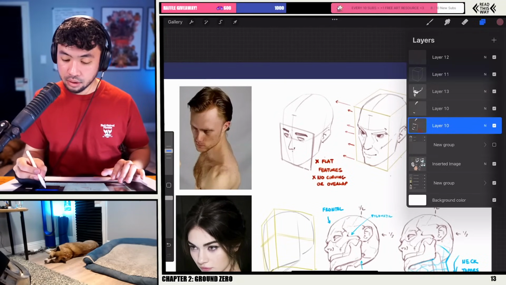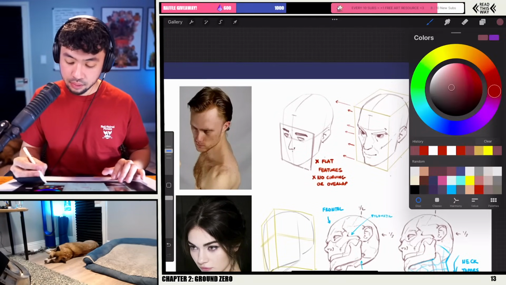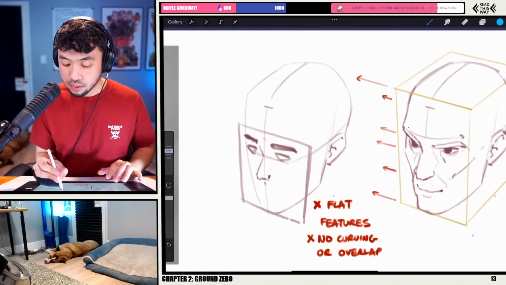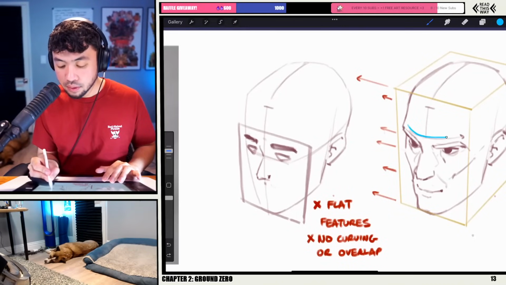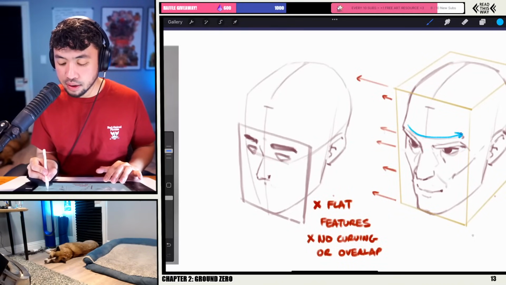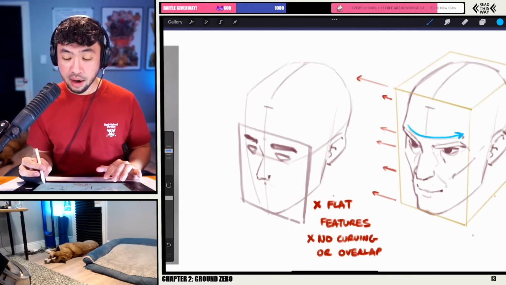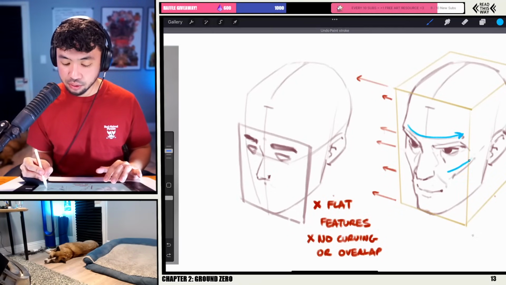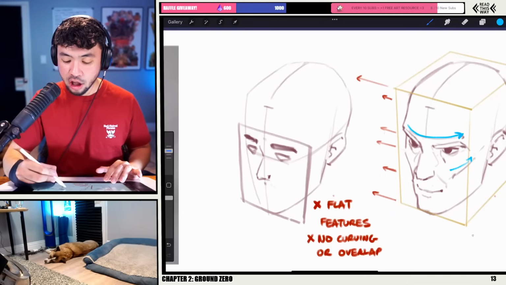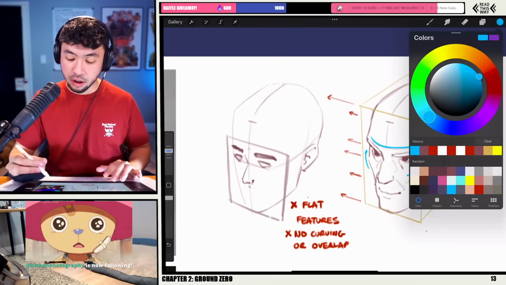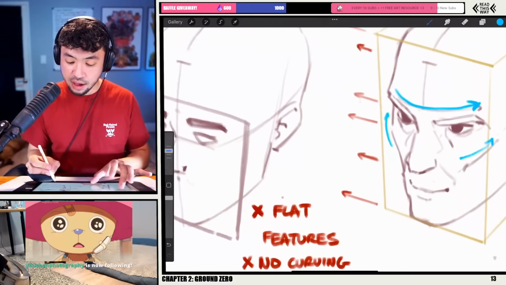So let me go here. I'll do it like this. Notice how the brows really shape some of that form, right? Notice how that cheekbone also wraps around the forms, helps establish some of that structure that we're seeing here. All of these small details, even the mouth, right?